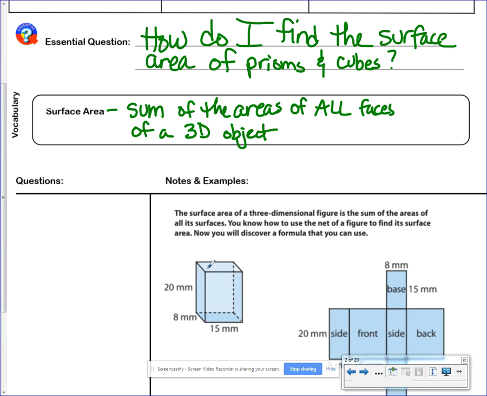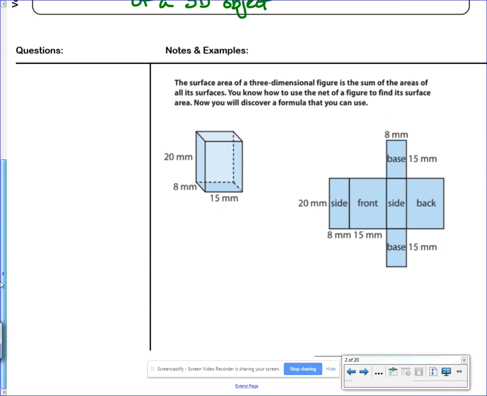So now here is if you have trouble visualizing things, we just have to try to get you to see what something that's 3D looks like when you spread it out flat. So this is kind of like taking the cereal box and taking it apart and laying the box flat, so you can see all of the flaps and all of the different faces and parts of the box.